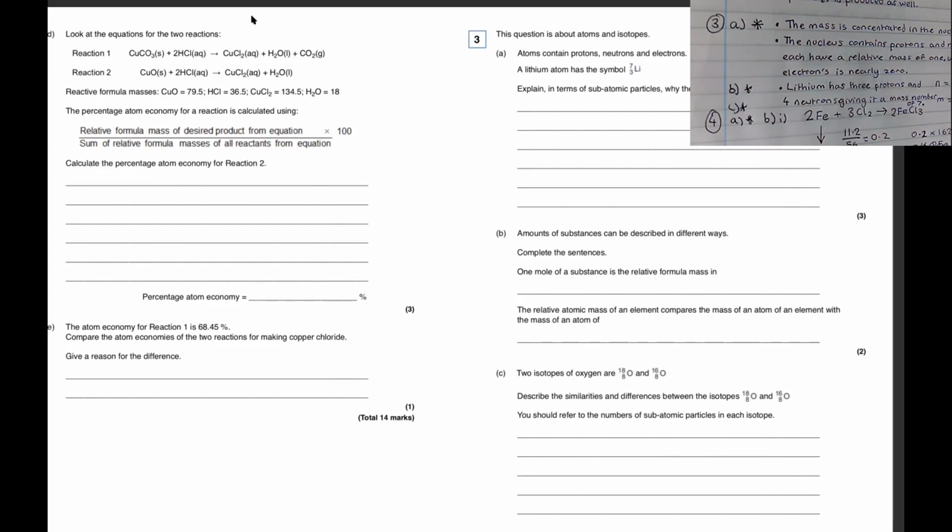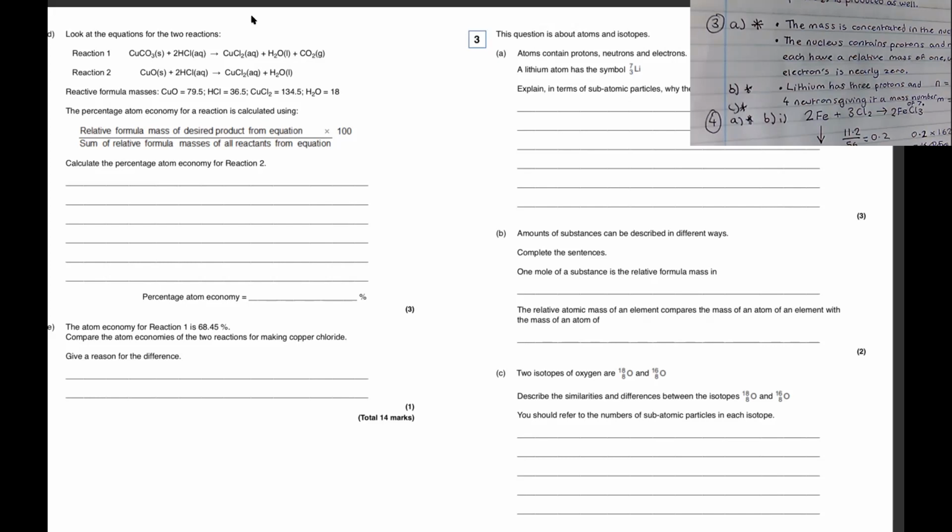Yeah. So 1 mole of something is the relative formula mass in... How do you describe that? Have a little think about that one. They haven't given you any options, have they? No. Okay. So 1 mole of a substance is the relative formula mass in 1 gram?